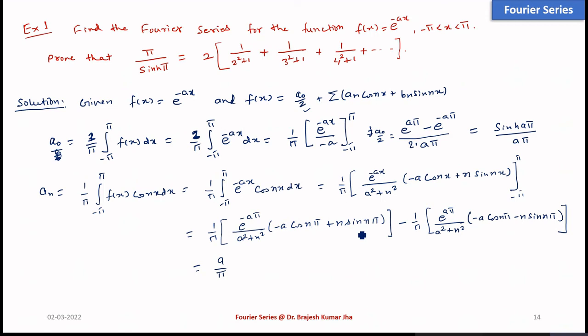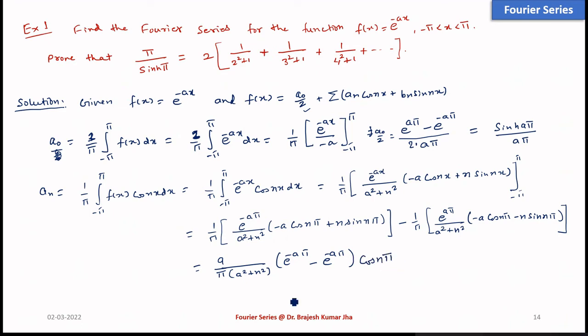See, -1 plus 1, it will fluctuate, right? So it can be written as a upon pi and a square plus n square, e to the power minus a pi minus e to the power minus a pi, and it is going to be cos n pi.